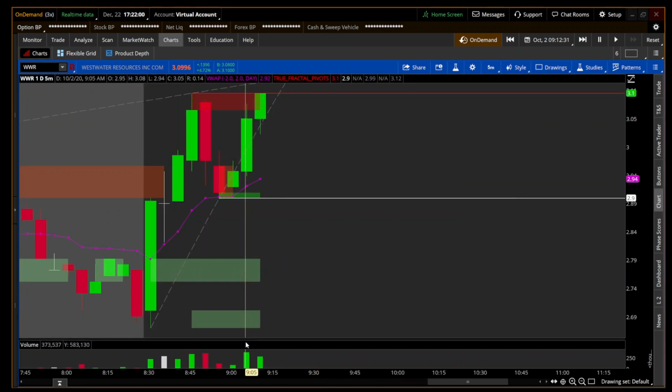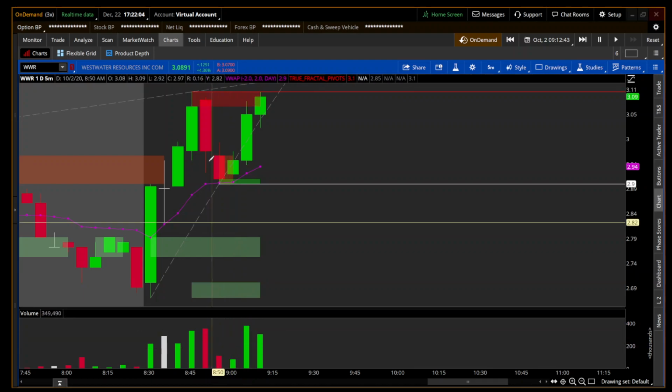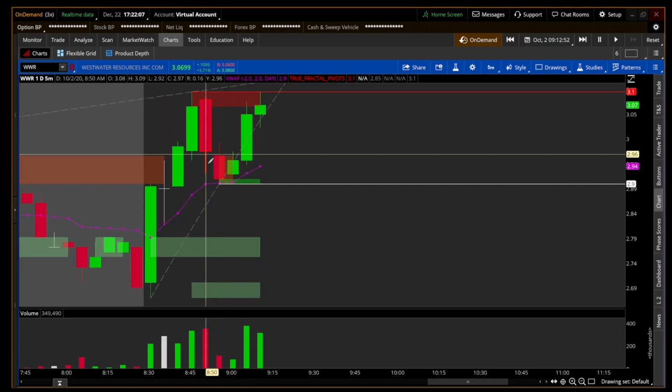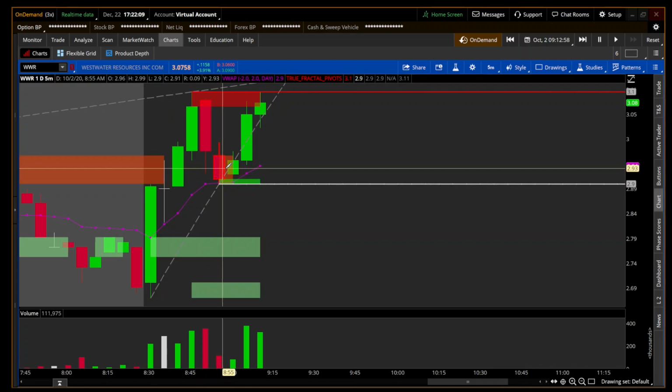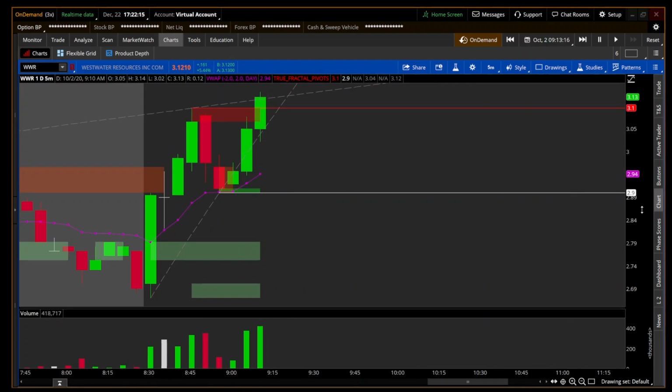And as you can see, a lot of volume came in. Not necessarily on this candle, but you can say this was stopping volume, especially with this long wick here, that people were coming in and buying it. There's the break of that resistance. As you can see, the box stopped right there. But if it doesn't stay above that, then it's going to come back down. The box will come back.